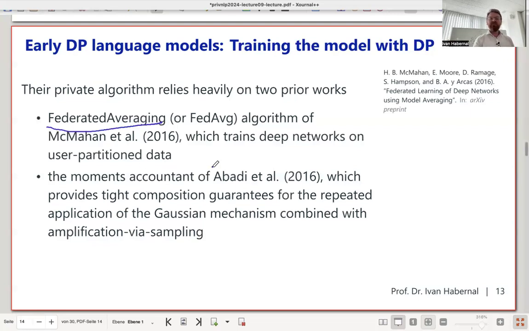And of course, it depends on DPSGD, which is the moments accountant by Martin Abadi and the Gaussian mechanism combined with amplification via subsampling. This is what we talked about last time. The federated part is somewhat new, and they combine these two techniques.